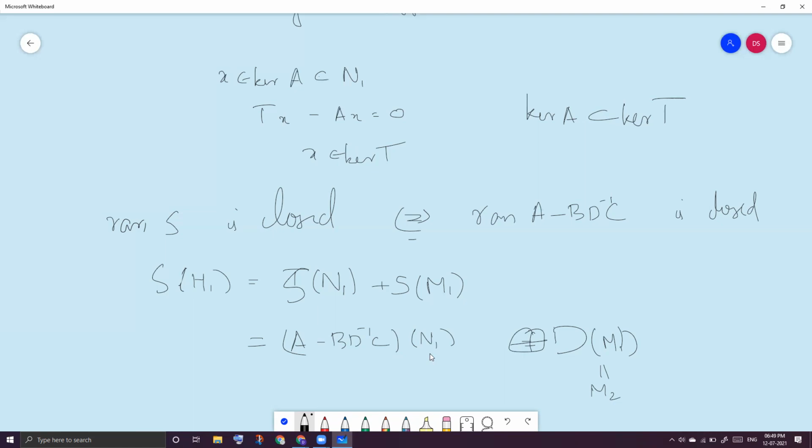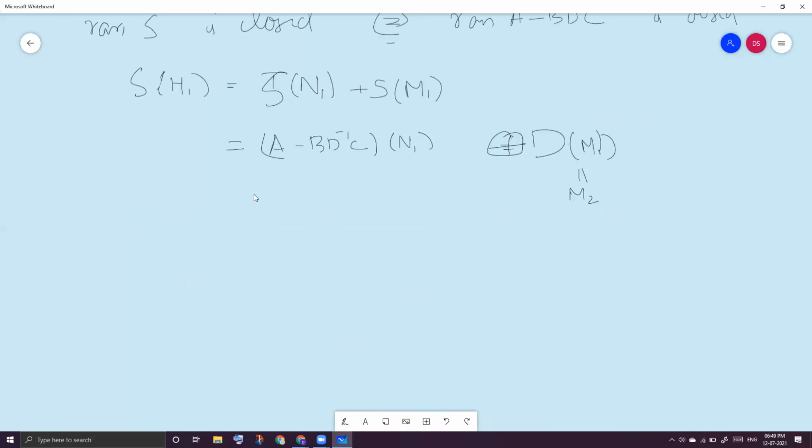So if this is closed, then if xn and yn are sequences in this direct sum that converge to some (x, y), then xn converges to x in this set, and yn converges to y in M2, and xn converges to x, and this is a closed set.